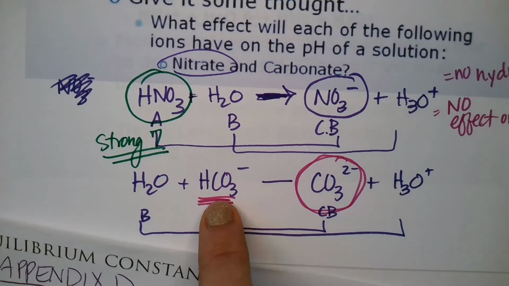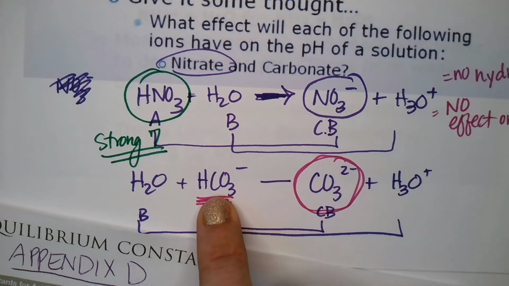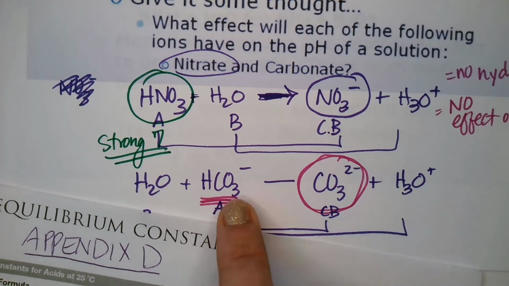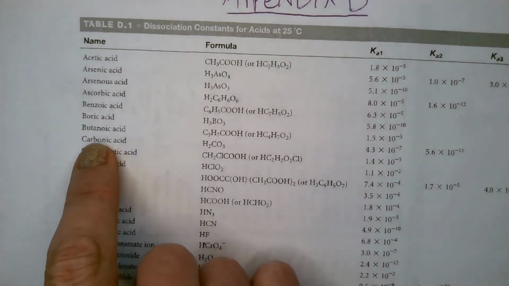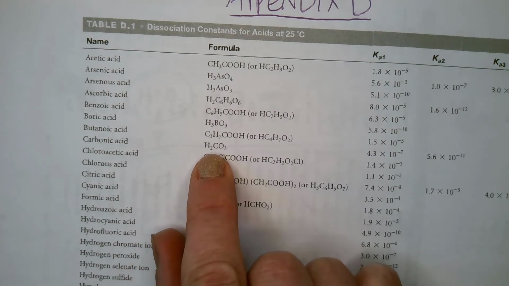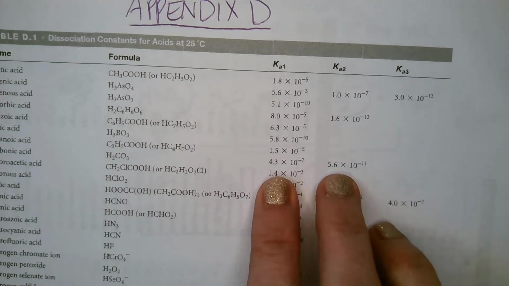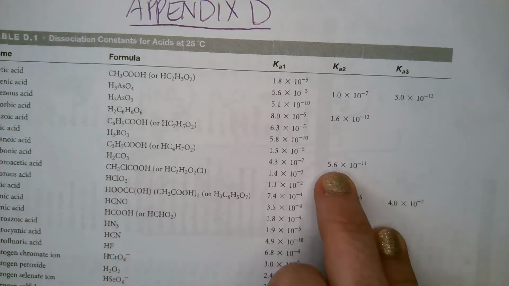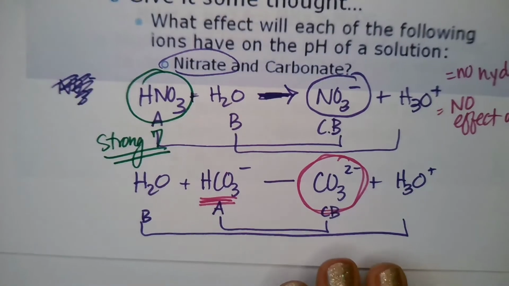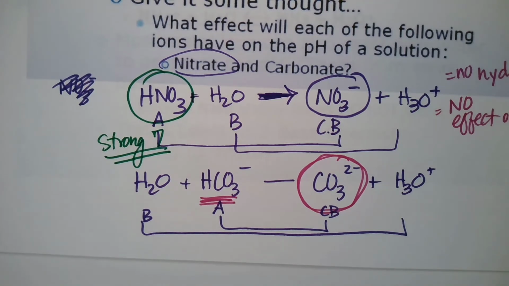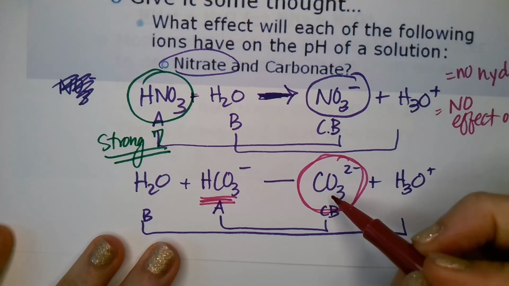Nitric acid, no. Nitrous, yes, that is not the same thing. No nitric acid. However, do we see carbonic acid? Yes. Now this is H2CO3. That means it's diprotic, so it would have 2 Kas, and just the HCO3 would be using the second Ka. So it is a weak acid.